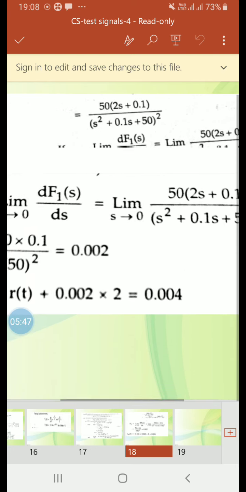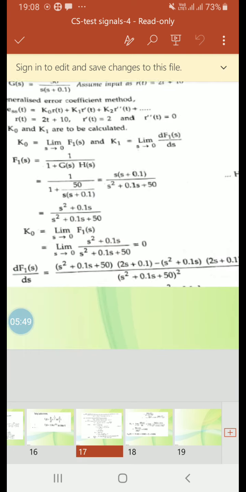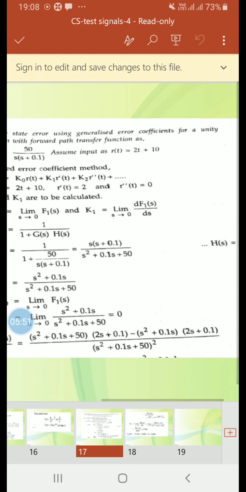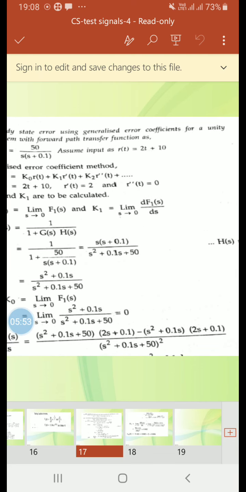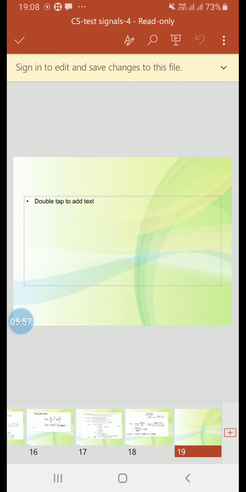Okay, so this is about this problem. So you solve this problem, understand the problem, and go for the solution.